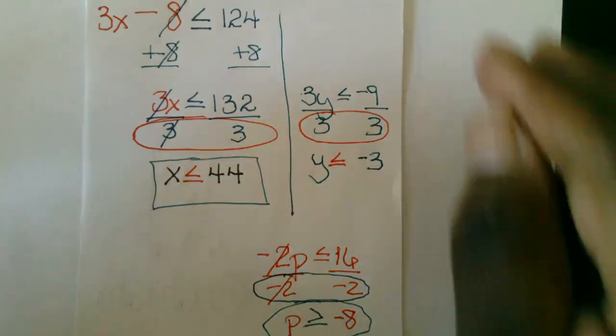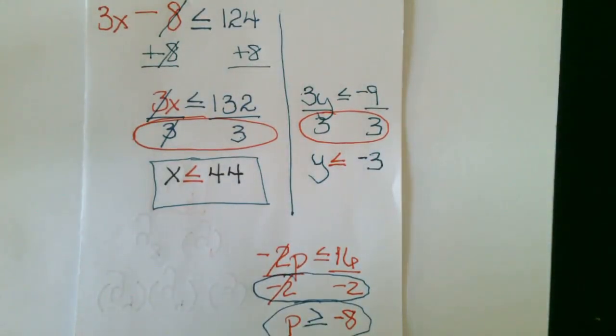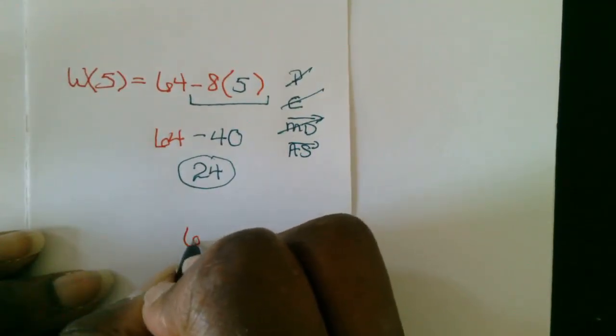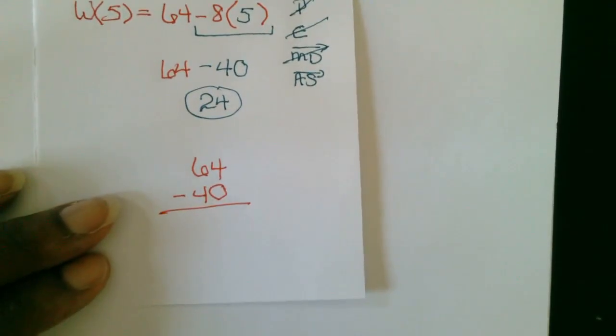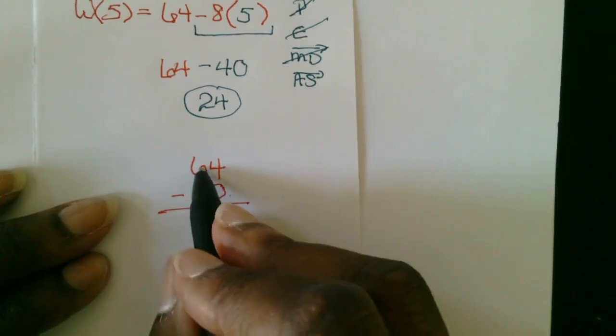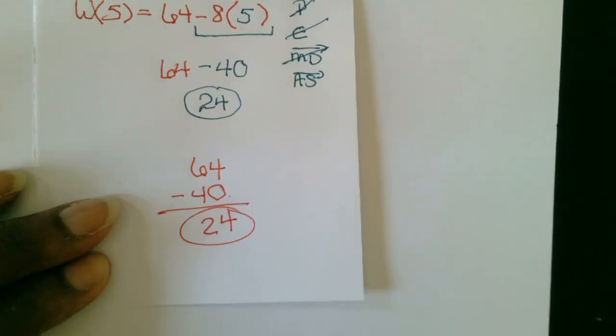If it's 64 minus 40, alright, the person that asked for a picture, you got it? Alright, thank you. So, if you have your 64 minus 40, 4 minus 0 gives you 4. 6 minus 4 gives you 2. 24. Okay? Alright? You don't bring down the 4, my dear. Yep, got that. There we are. We see it now?